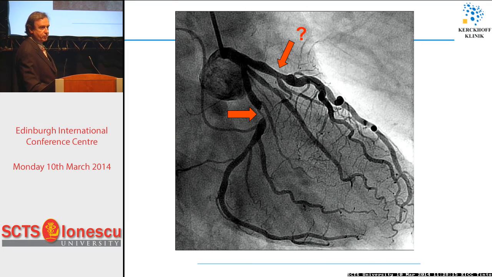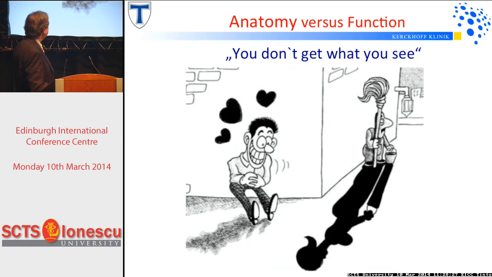But you as surgeons would probably always put a LIMA graft on this LAD, and we as cardiologists also tend to place a stent in this lesion, but whether it's justified, that's the question. So the message is: what you see in terms of anatomy, is that really what you get at the end? Anatomy may be quite irritating sometimes.